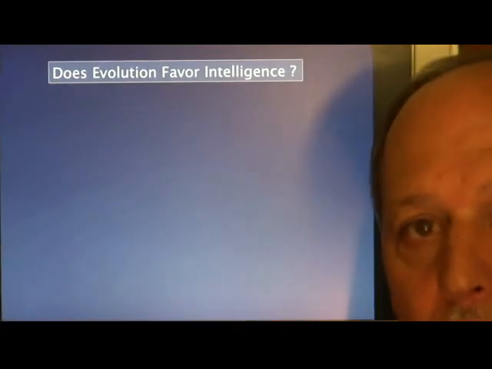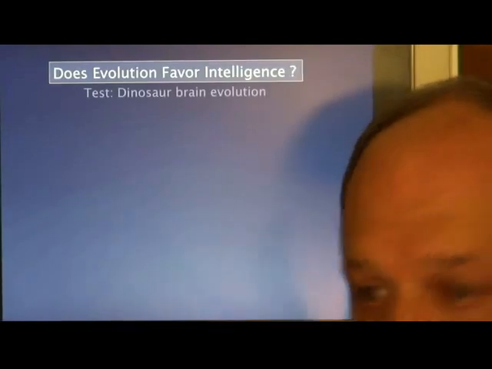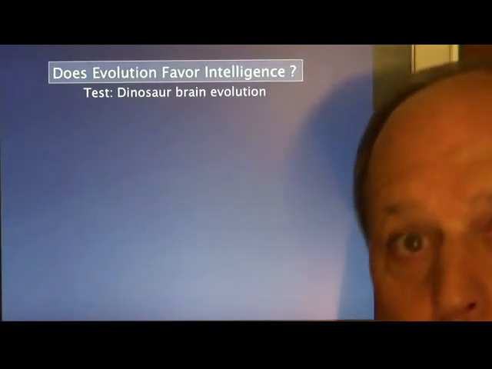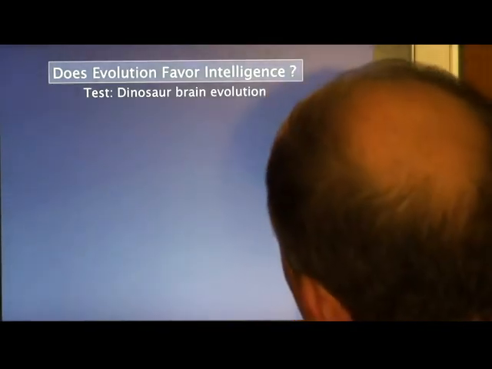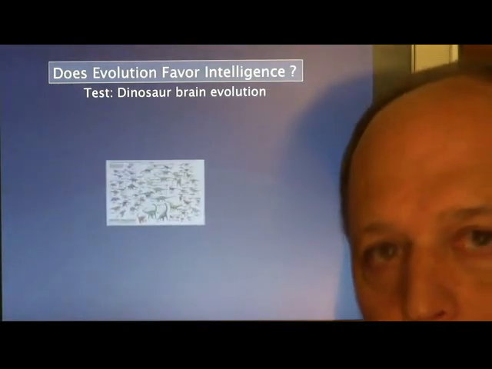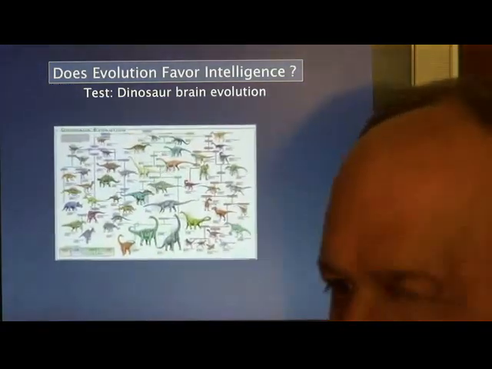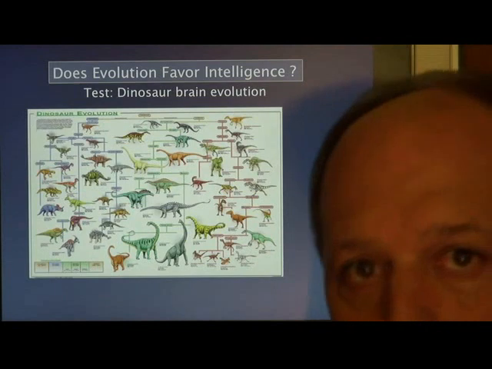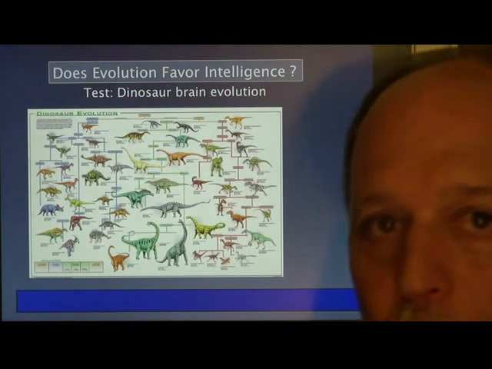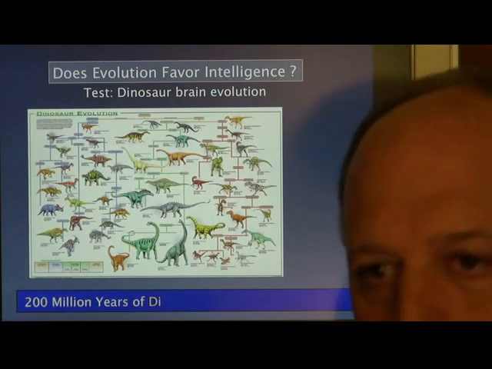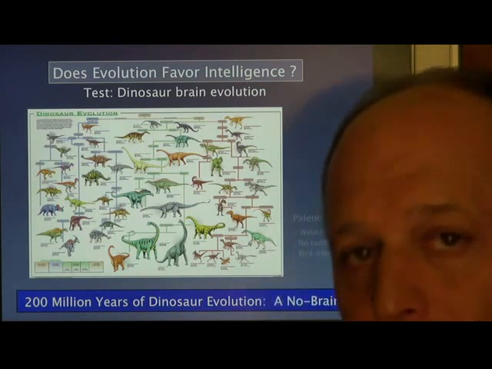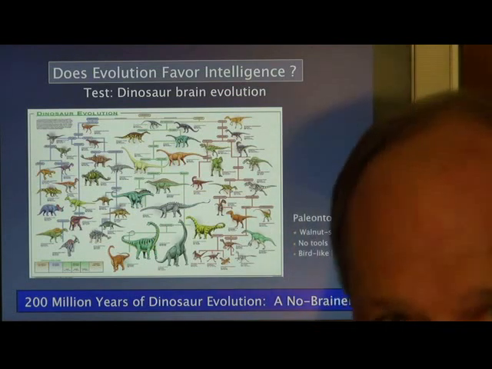Well, we can answer this question by looking no farther than the fossil record of the dinosaurs. The dinosaurs roamed the Earth for 200 million years, and yet, as you know, during those 200 million years, the dinosaurs' brains did not get larger. They were not very bright. They had brains the size of walnuts. They were no smarter than chickens.